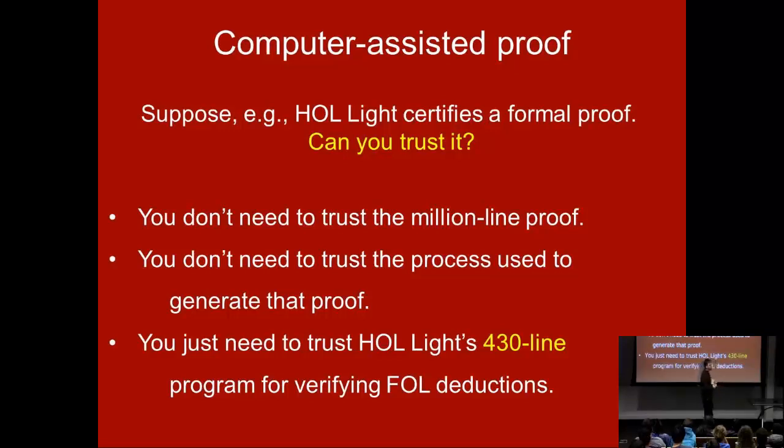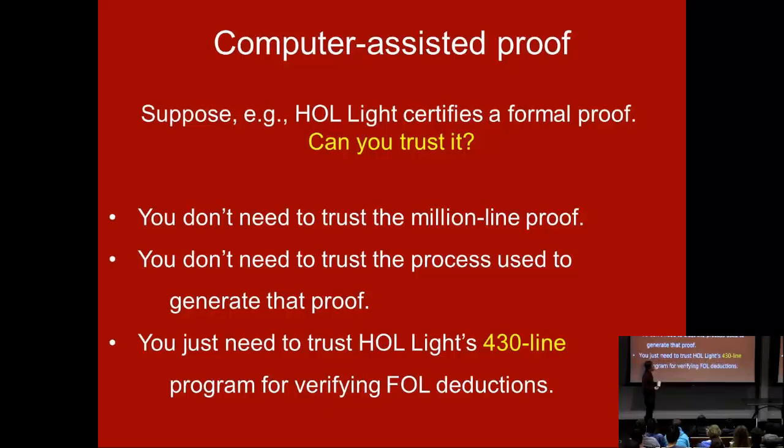Well, the good thing is you don't need to trust that the mathematician got the proof correct, that the million lines are all valid deductions. You don't need to trust whatever crazy method the mathematician used to come up with that million lines. You just need to trust that this little string checking program that checks that each line is validly deduced from the previous lines is correct. And this is some 430 line piece of code that many people have studied.